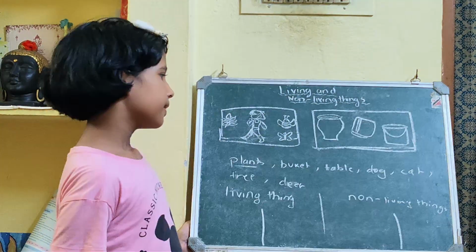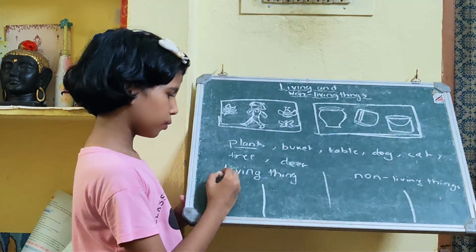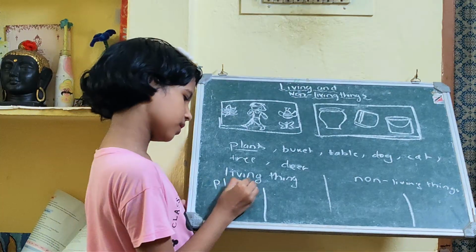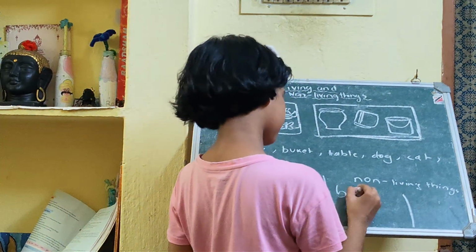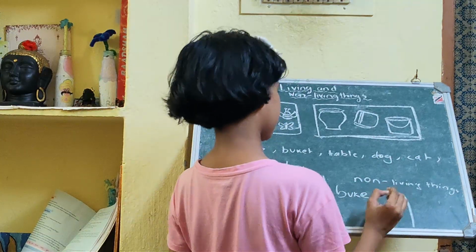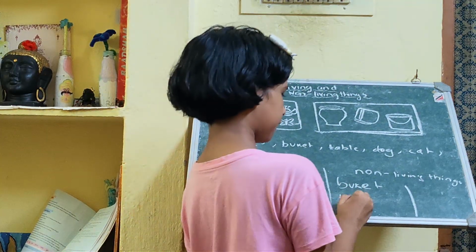Now we will pick out. Plants go over here, and the bucket goes in the non-living things. The table is also a non-living thing.